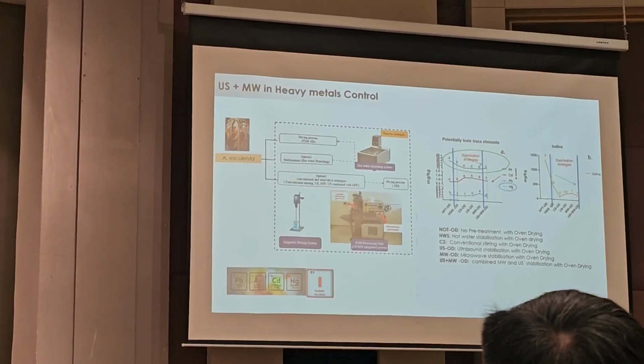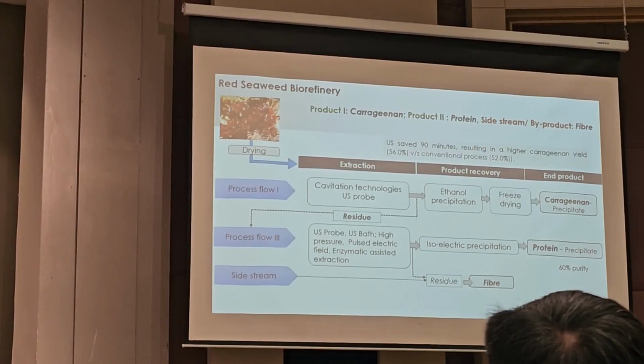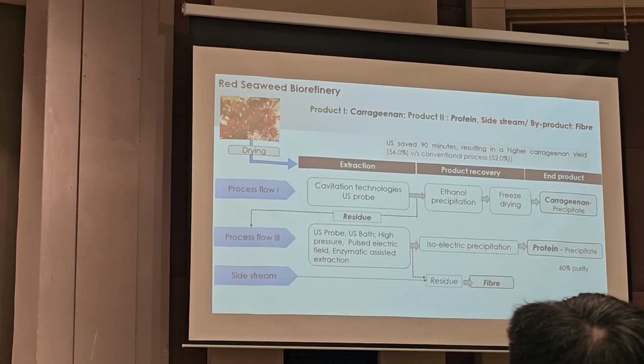And how these particular unit operations, ultrasonics or microwave together, were used in this case was not only for improving the process efficiency, looking at the reduction in amino acid, but to characterize the full biorefinery.